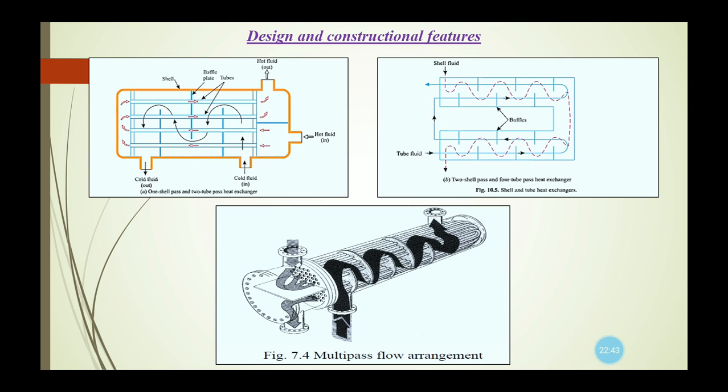So in this diagram we can see that the tube side fluid passes through once in parallel and once in counter flow. So such type of multi-pass flow arrangement, we can say that it is a 1-2 pass heat exchanger, which indicates that the shell side fluid passes through the unit once, the tube side twice.